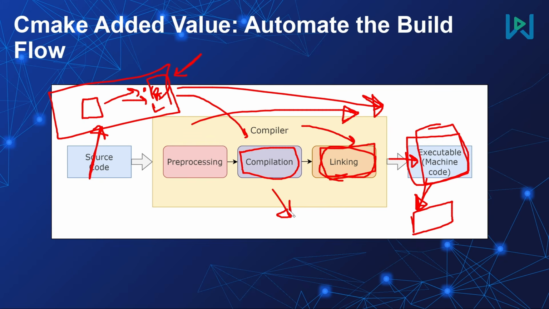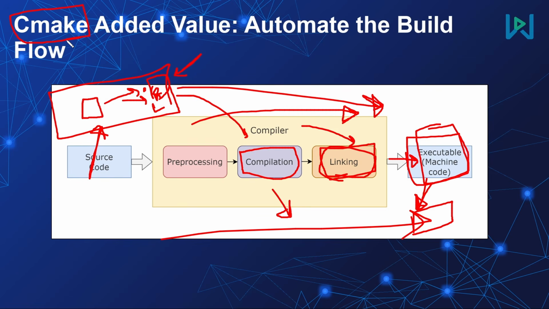And of course, it will cause a lot of errors and problems in tracking the different issues that may appear. Hence, we'll need a tool or a mechanism to automate this build flow. And this is the idea behind tools like Make as well as the CMake build system generator.